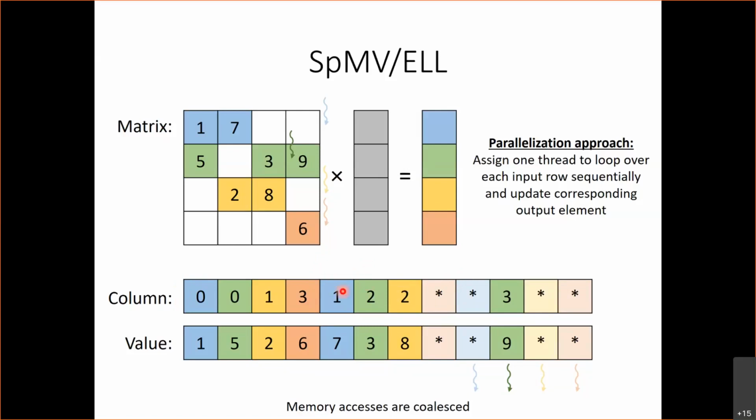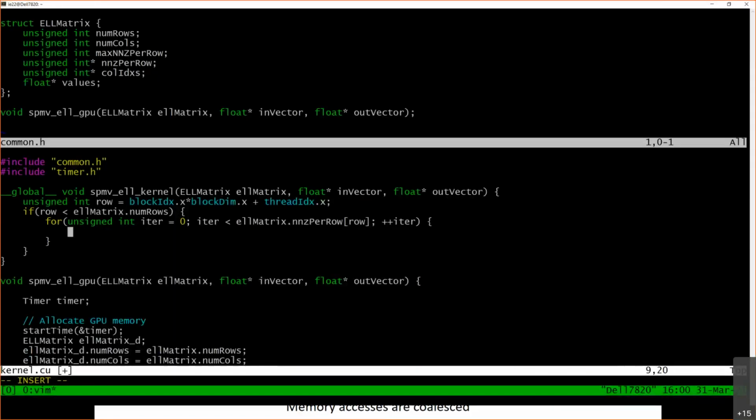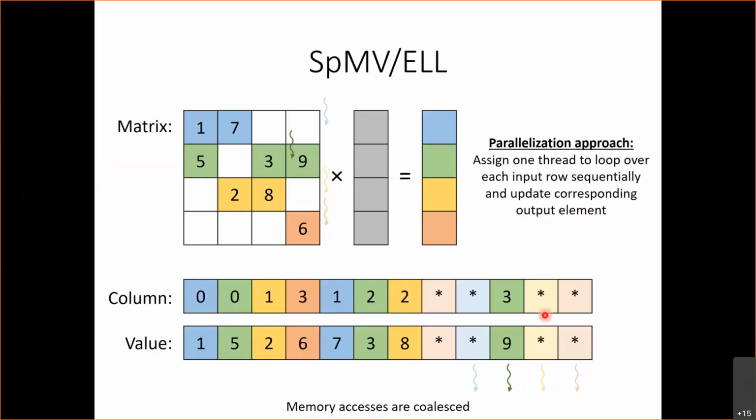So the index into this array, I'm going to call it I, is going to be equal to the iteration times the number of rows. We can get that from the matrix. Plus the index of the row itself. Now that I've done this, I have the index into this array for the non-zero element that I care about.